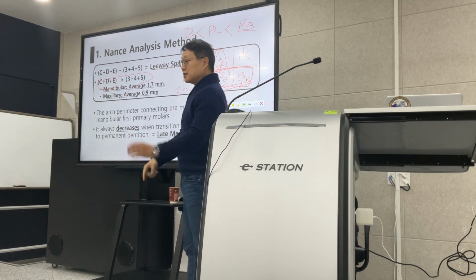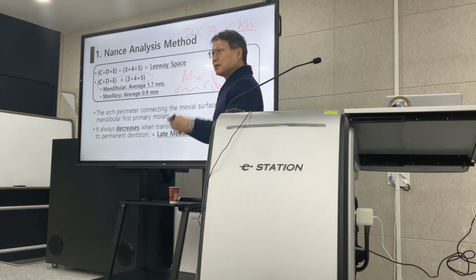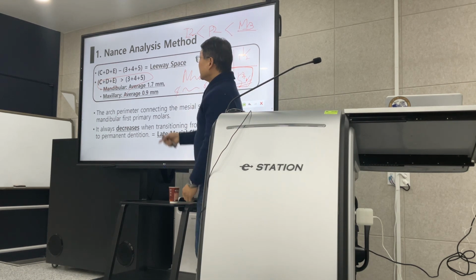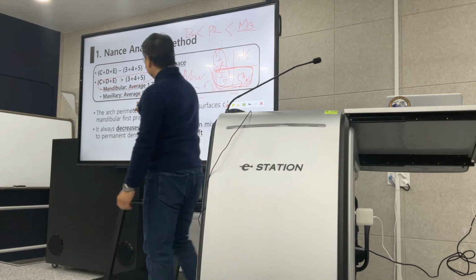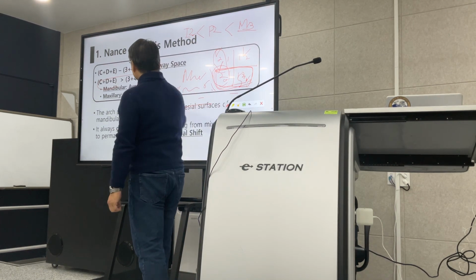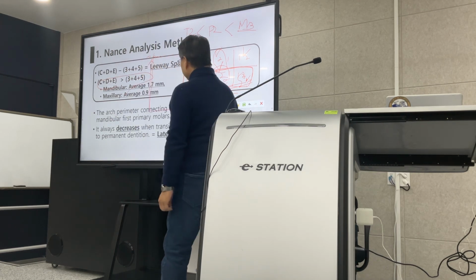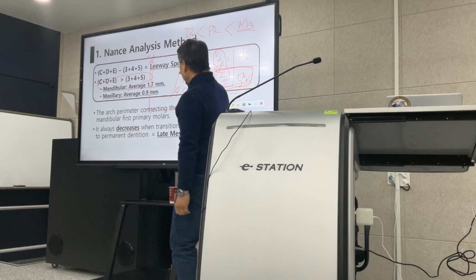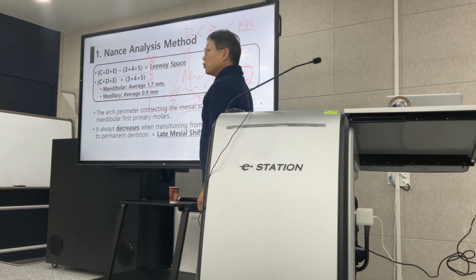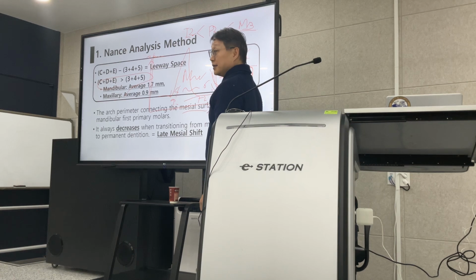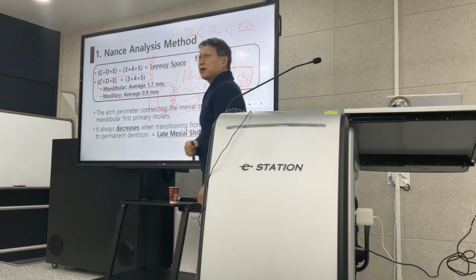Mixed dentition means primary teeth and permanent teeth at the same time in the mouth, right? So in this period, maybe you remember the growth pattern over here. For here, 10 centimeters, but this is in years. They grow up and down. This comes from 9 to 12 or 15, right? So mixed dentition is almost located in this area.